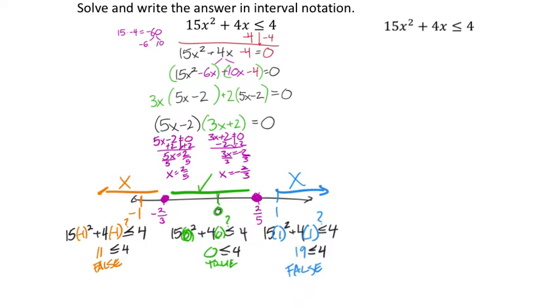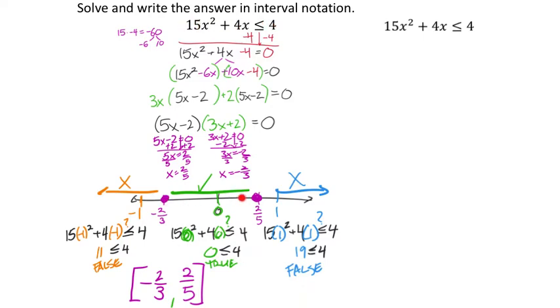So the part that's true starts at -2/3, which is included, so I have a square bracket there, and then the interval goes all the way to 2/5, which also is included, so I would stop it right there. And again, this tells us anything to the left of -2/3, you could choose anything, and if you plugged it back into the original inequality, false.